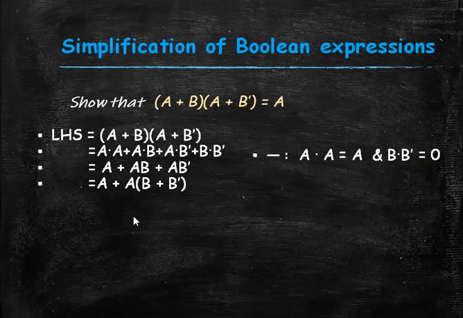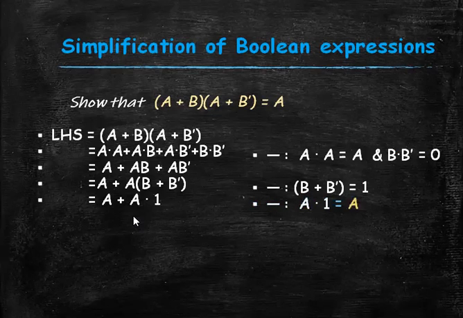Then we get A or A and B or B bar, and we know that B or B bar is equal to 1, then it is equal to A or A and 1, that is A and 1 is equal to A, then we get A or A. What is A or A? That must be equal to A, then the result is A.